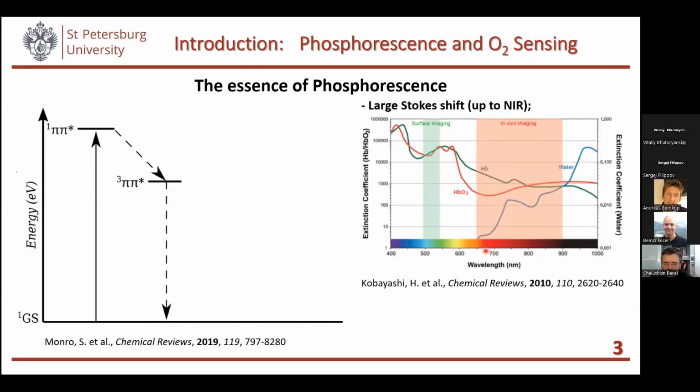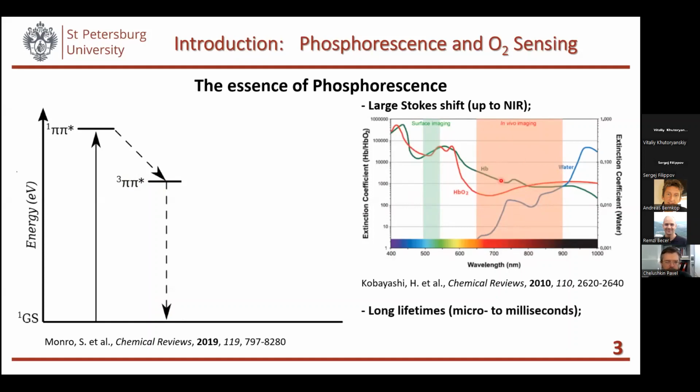This region starts from 650 nanometers and lasts up to 900 nanometers, and most phosphors, phosphorescent molecules, can easily be tuned to emit in this range.